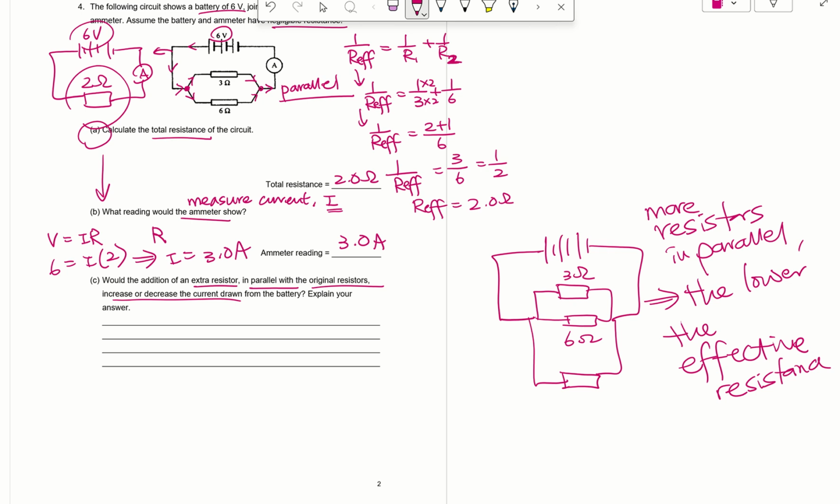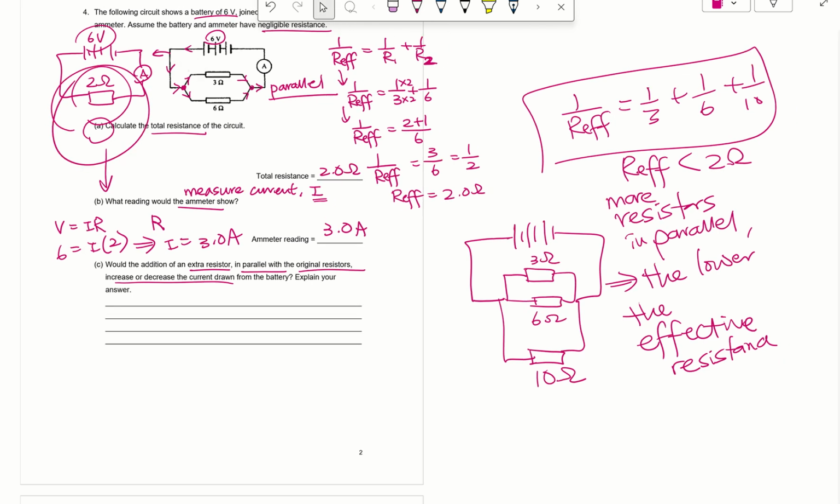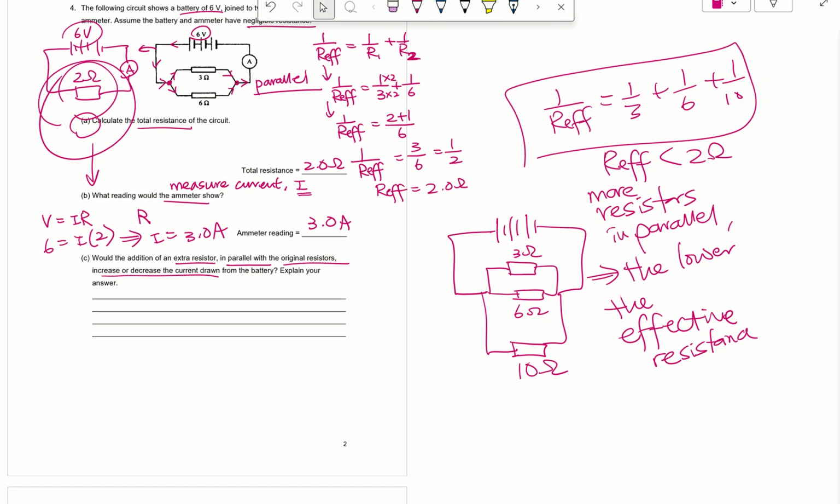If the extra resistor is, let's say, 10 ohm, then I'll do 1 over REFF equals 1 over 3 plus 1 over 6 plus 1 over 10. If you do your math, you'll find that this REFF will be less than the 2 ohm that we calculated earlier. You can try it out. So this is a conclusion, and it is a law, it is true.